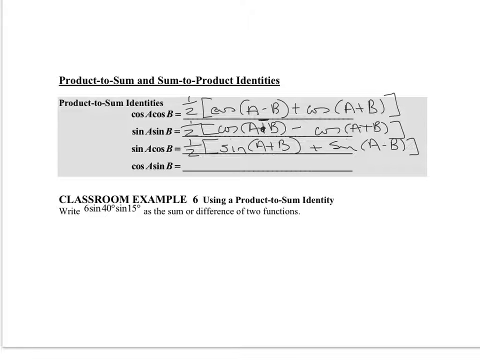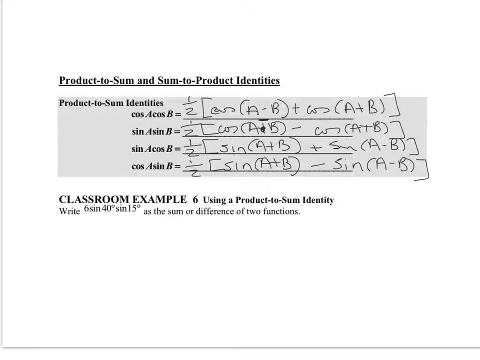And that means the cosine of A times the sine of B is equal to 1/2 the sine of A plus B, and what do you figure comes next? Minus the sine of A minus B. Lots of formulas here. So let's see if we can figure out how to use this in this next example.